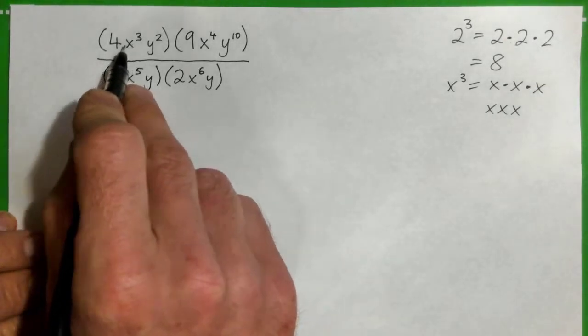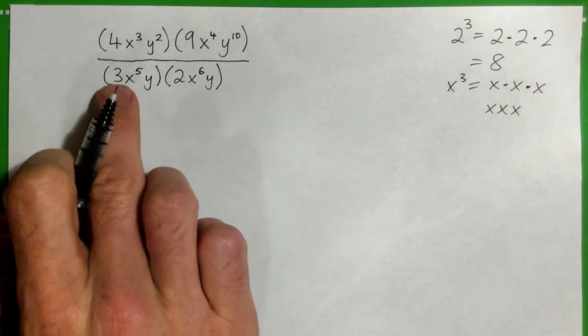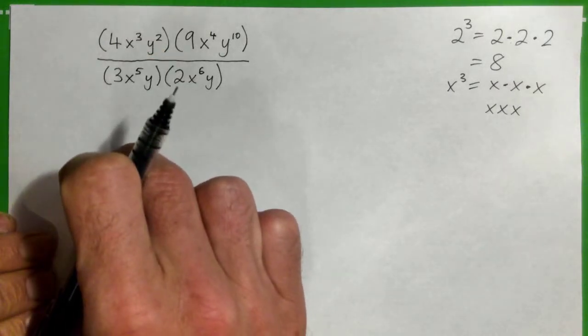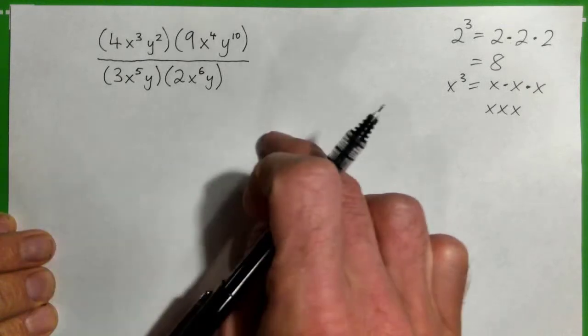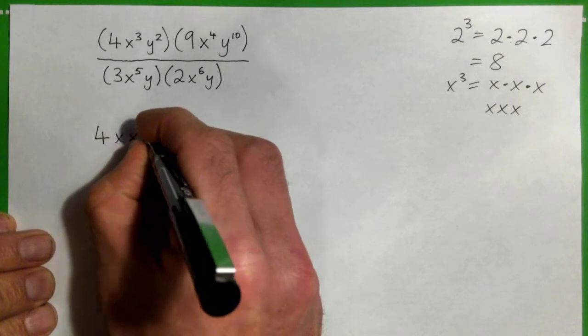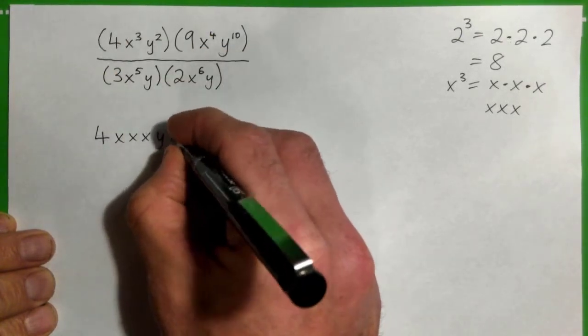So that's what we'll do, we'll write out each of the variables with exponents as just a row of factors. So we'll just go 4, x, x, x, and then we have y squared, so we'll just go y, y.